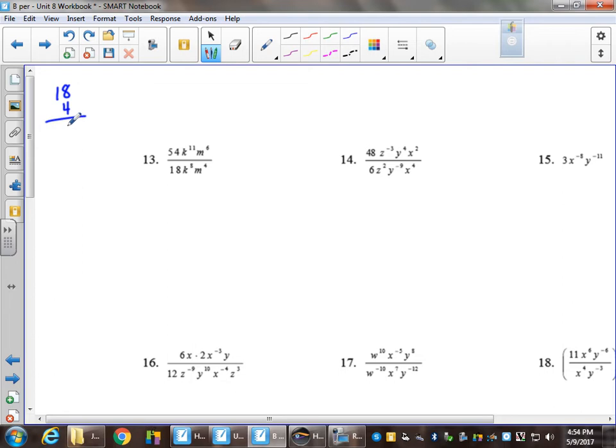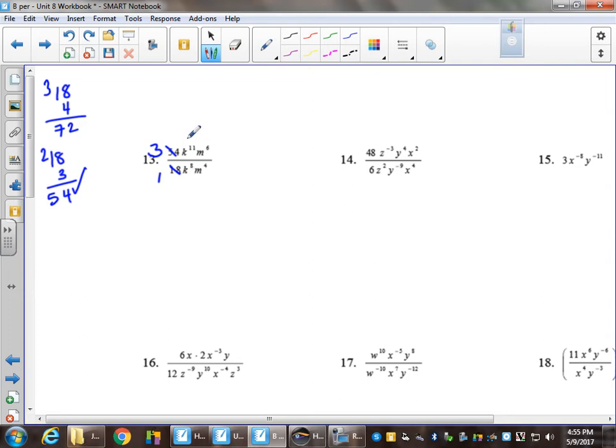Double that, and I get 32. 4 times 1 is 4, plus 3 is 7. That's too big. How about 18 times 3? 3 times 8 is 24. Carry the 2. 3 times 1 is 3, plus 2, 54. That worked. So 18 goes into itself once and into 54 3 times.